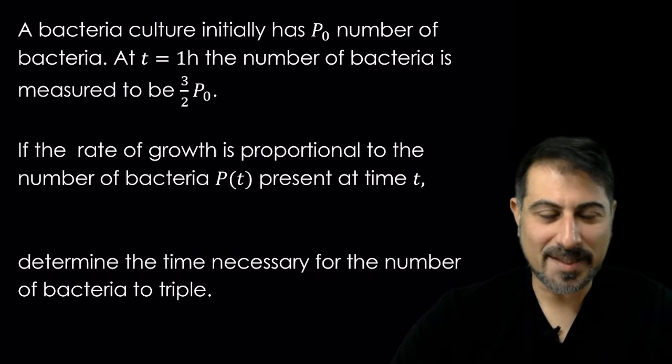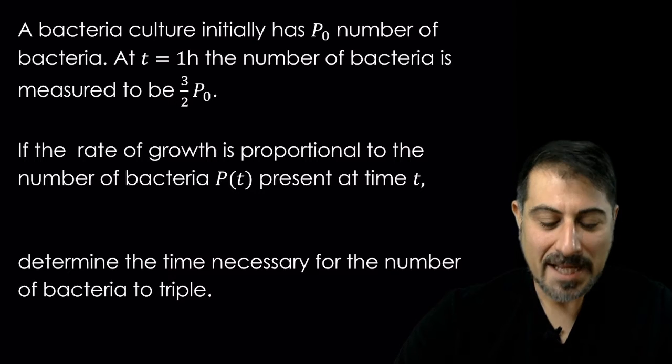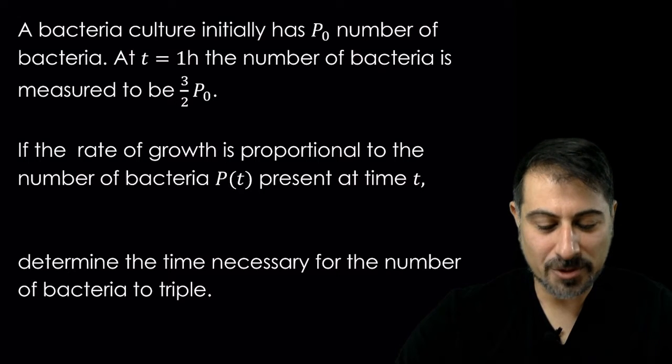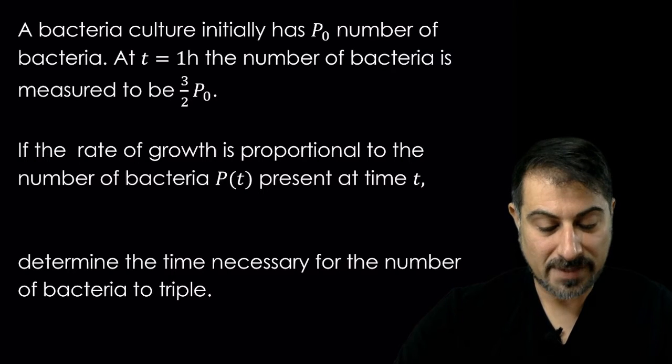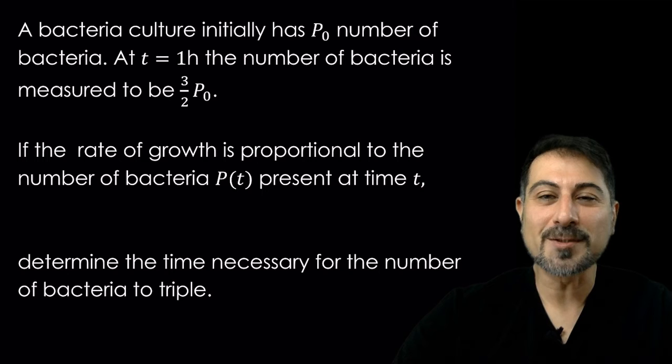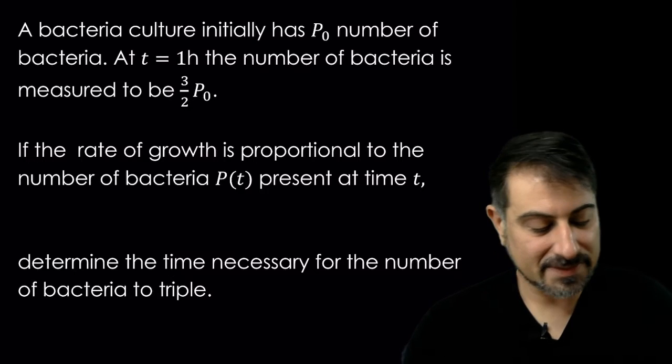I split the question statement into 3 parts. In the first part, we are given 2 measurements of the bacteria culture at different time moments: one is the initial time moment, t equals 0, and the other is t equals 1 hour. Let's start with the second statement.